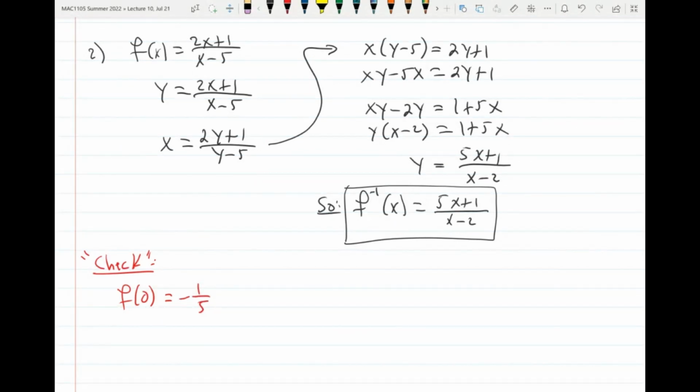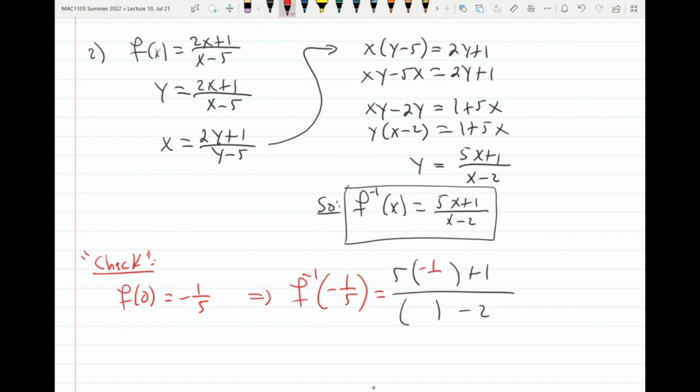You put 0 into f, you get 1 on top and -5 on the bottom. Then I'm going to plug this into the inverse formula that we found, and let's see what we get. So it's going to be 5, and then put -1/5 here, and here.